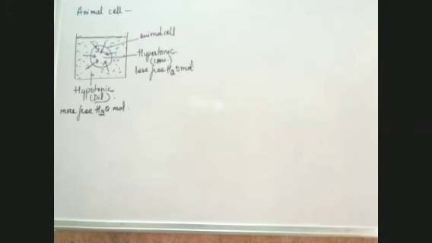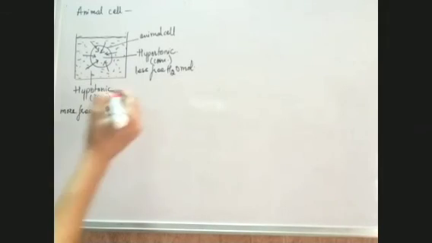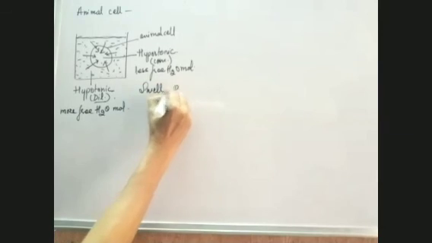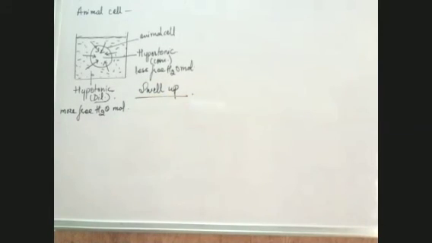And what will be that change? Because of excessive accumulation of water, this animal cell will swell up. That means its size will enlarge. There will be enlargement in its size or swelling up of the cell. So this is what's going to happen when an animal cell is kept in hypotonic solution.